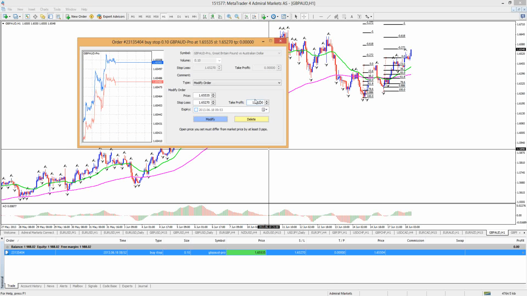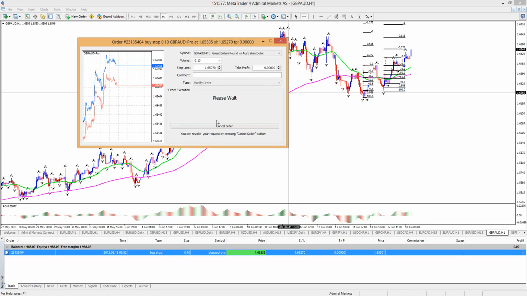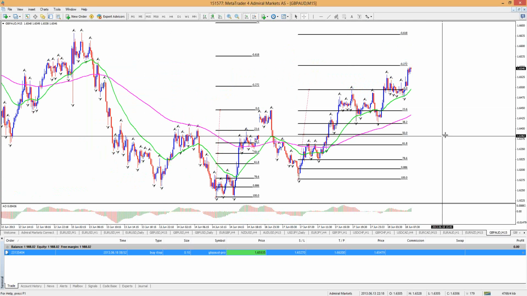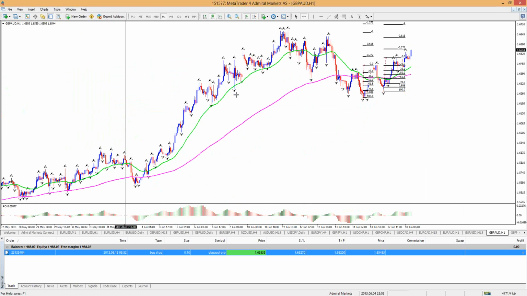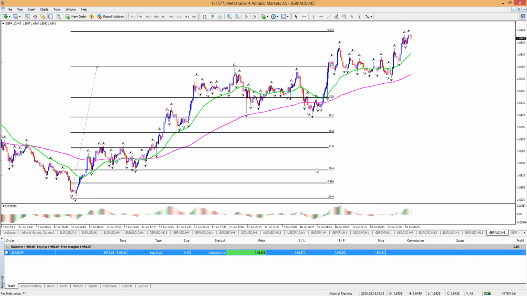But I might trail stop it. I'll tell you what I do exactly when it gets taken in. But using, for example, maybe, let's see, it's a 5-minute trade. So let's see.